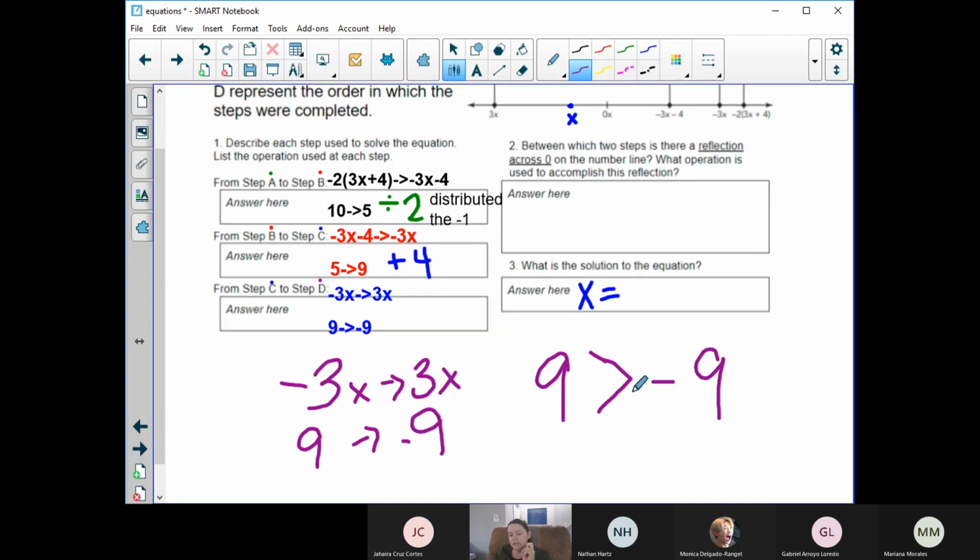What two operations give us a smaller number? Okay, we could have subtracted 18. What else could we have done?